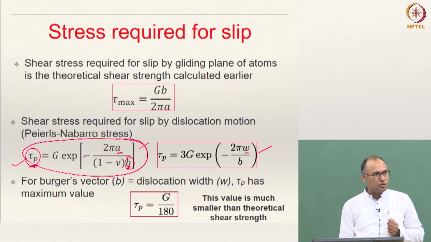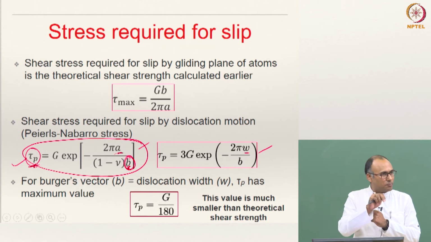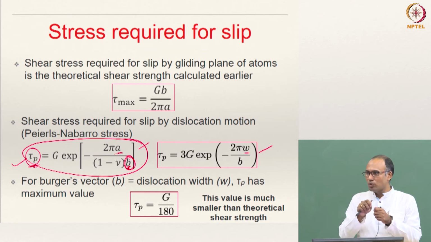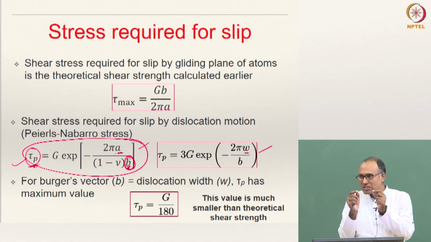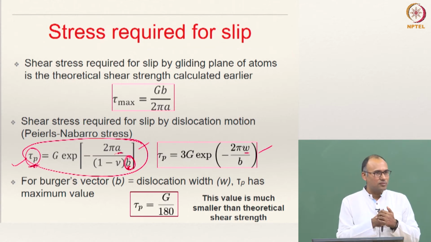So the minimum value of B will give rise to the minimum shear stress required to cause slip, and that is the reason why dislocations prefer to move in the close packed directions: in the close packed directions the interatomic spacing is minimal. Is that clear?